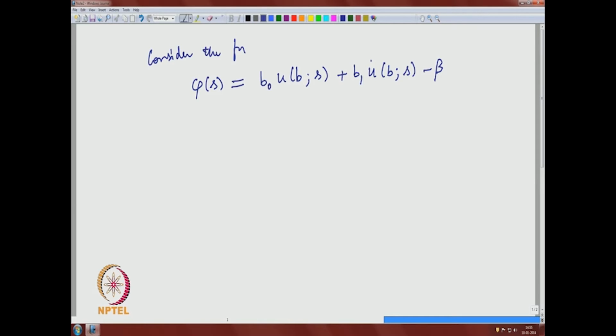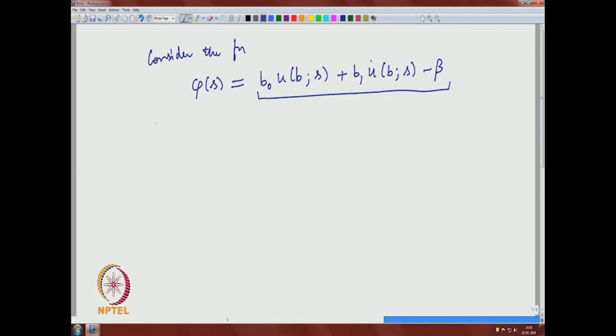So, I am just evaluating the solution of the initial value problem at t equal to b. And now, this is purely a function of S, because everything, B 0, B 1, beta and u, is fixed.